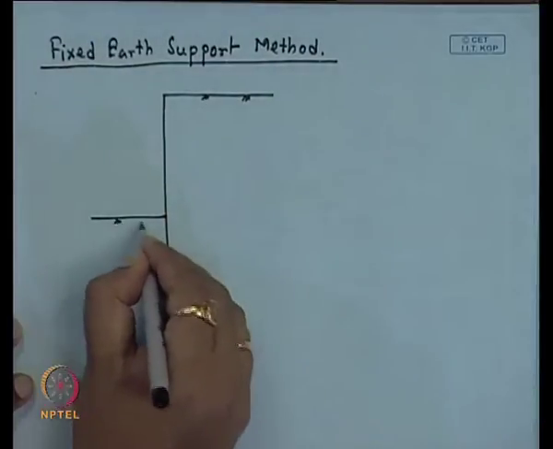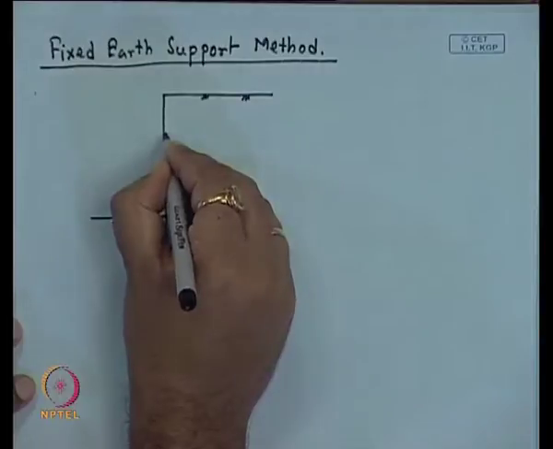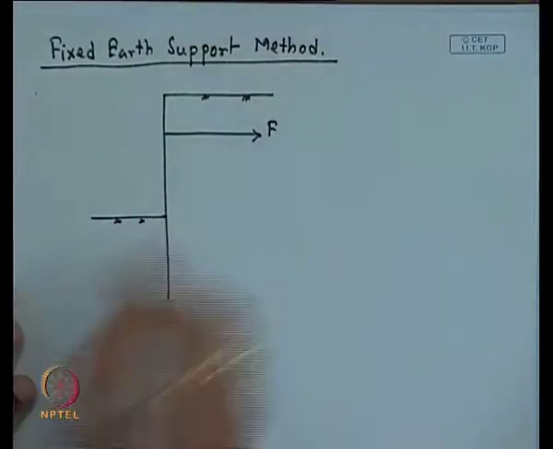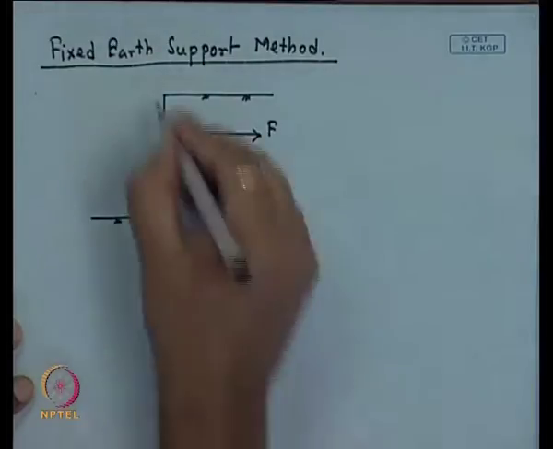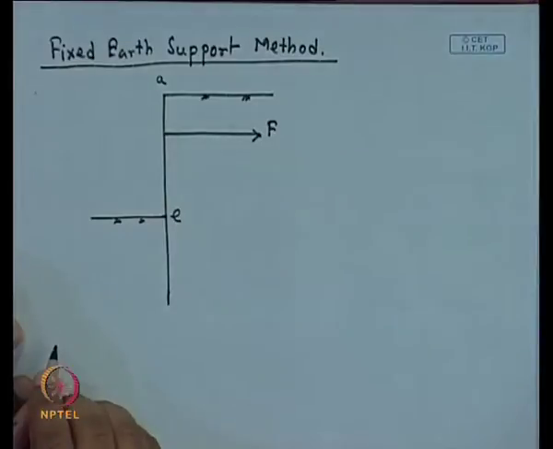Okay. So, that is the dredge level. Here this is the anchor, this is the anchor force, and this is A, this is E, this is base B, and this is the rod level D.